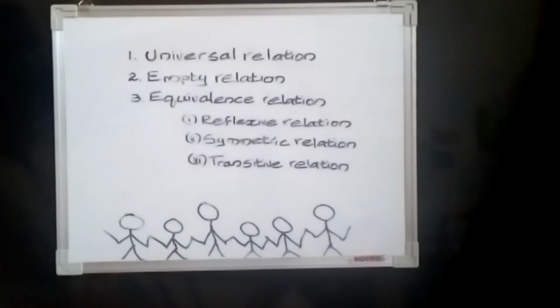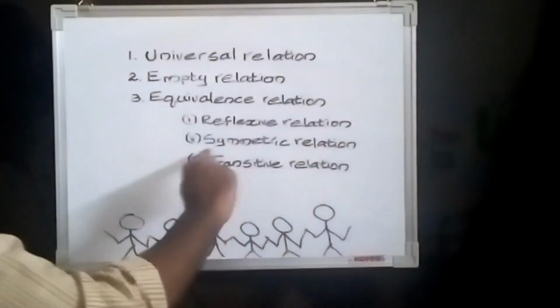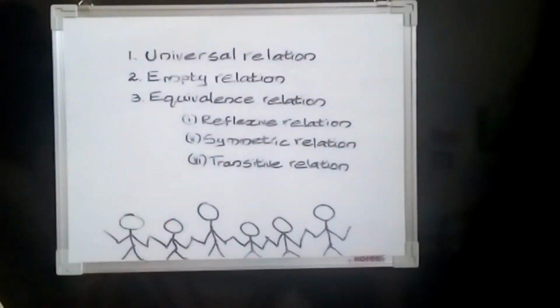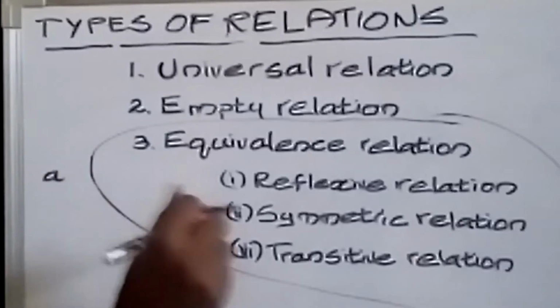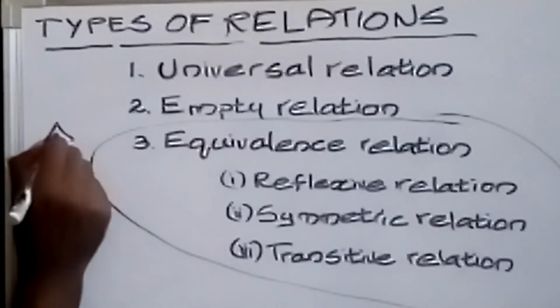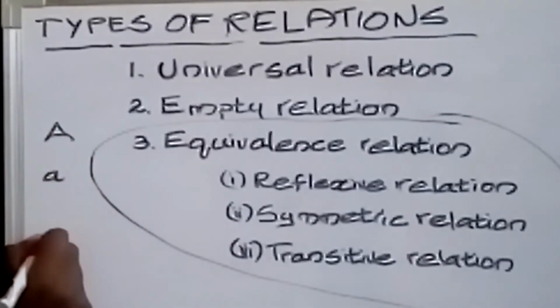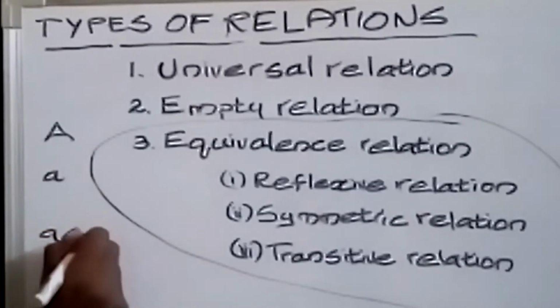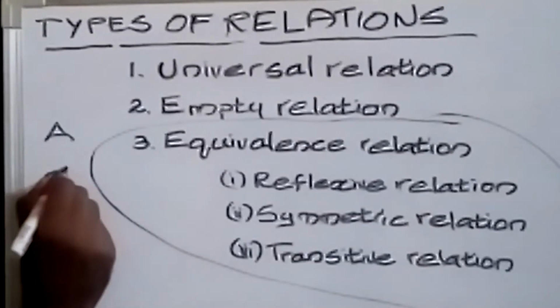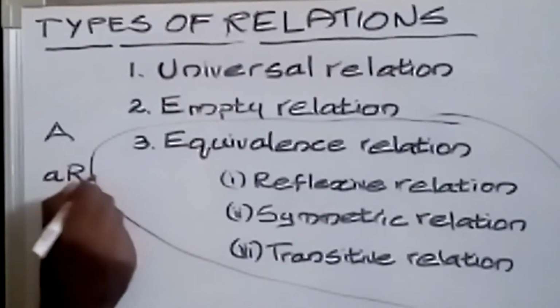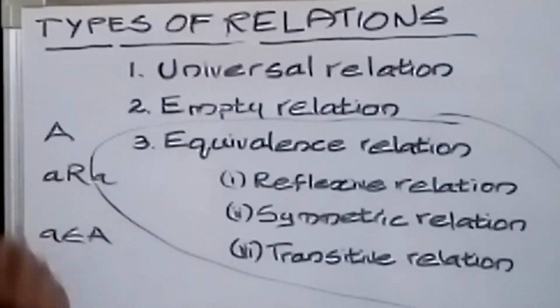Now we are going to study in detail what an equivalence relation is. Thus we have to discuss what a reflexive relation, what a symmetric relation, and what a transitive relation is. Let us start with a reflexive relation. In the set A, every element a belonging to A is related to the element a itself.